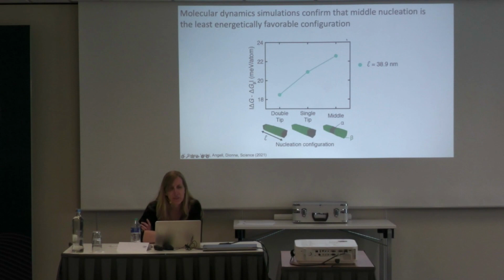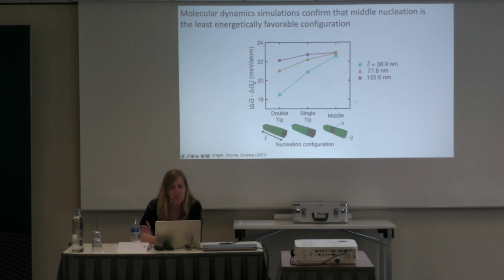And then we did some simulations to figure out which configuration was the least energetically favorable. It turns out middle nucleation is the least preferred. Basically, it would take the most energy going into the system to have hydrogen want to leave or enter from the middle. And that happens regardless of the length of the nanoparticle.